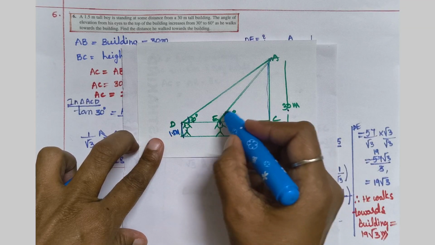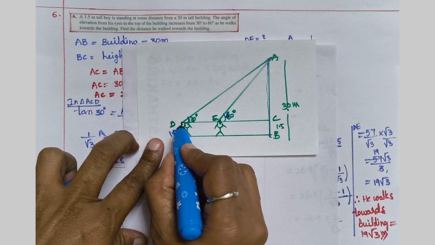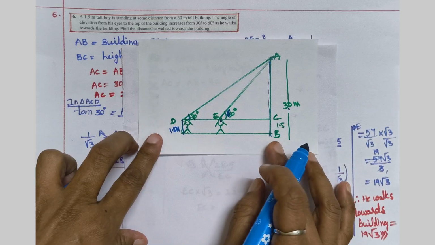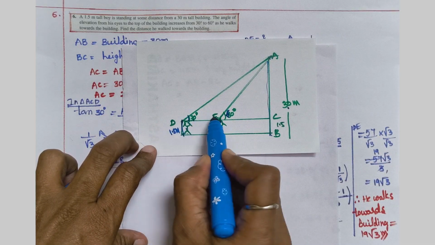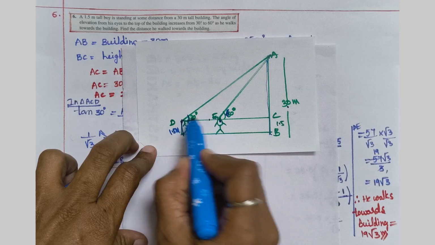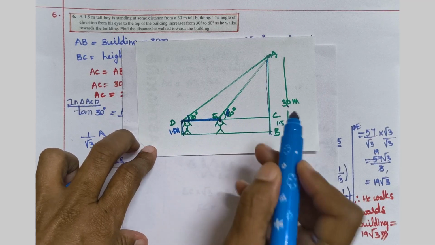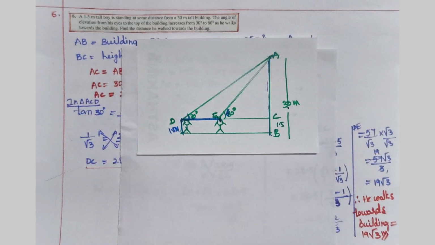Towards the building, he walks from the 30 degree point to here. This boy is walking towards the building. Here how much degree? 60 degrees. Now what is the question? The distance this boy walked towards the building, we have to find. What is the distance here? This distance you have to find.